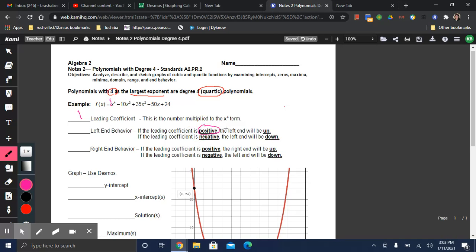Since it's positive, the left end of the graph will be up, and then positive on the right end, the graph will also be up. So this graph is going to go up, up.